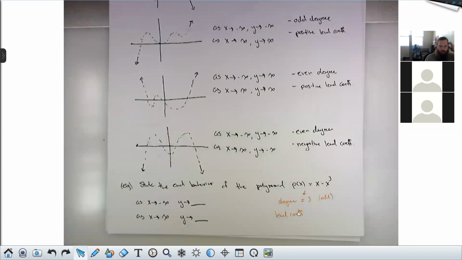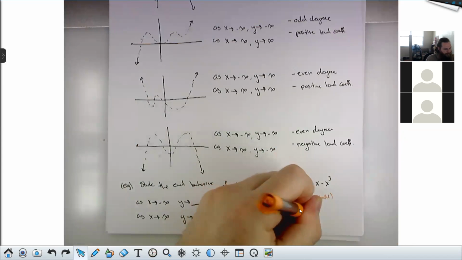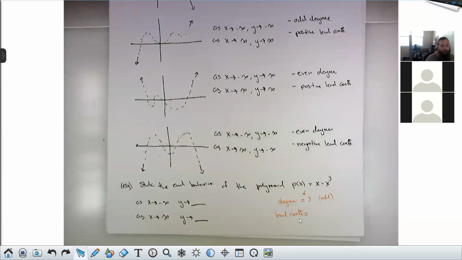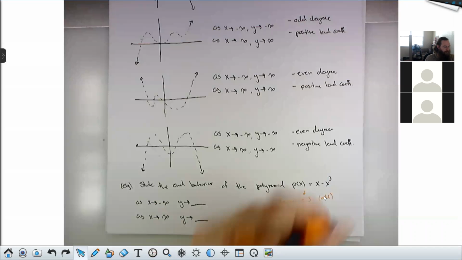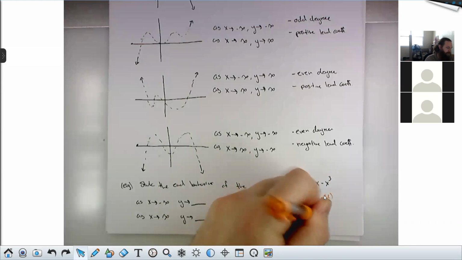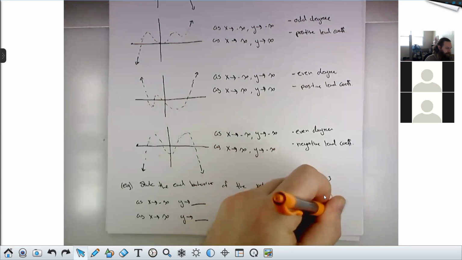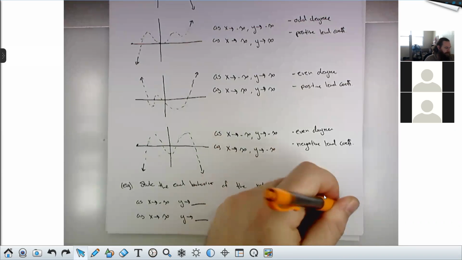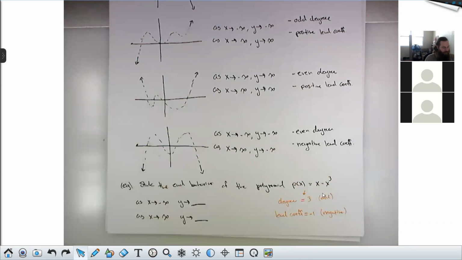What's the lead coefficient? Good, -1, right? The number multiplying the dominant term there is the lead coefficient. That's -1, which is, of course, negative. So this function has an odd degree and a negative lead coefficient.